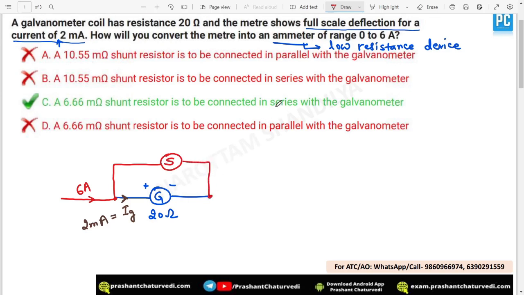Sir, in the question it is given that it should be connected in series. See, the answer is wrong here. In this particular question, ATC had given a wrong answer and I had personally claimed this question. For this question the students actually got a bonus mark, and even after normalization they had a very good advantage.